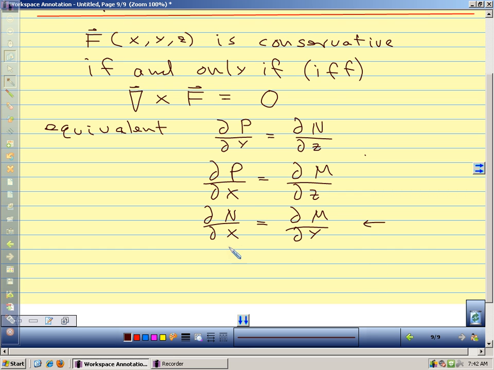This last one is the condition we had for a vector field in the plane. These other two come from our other two components. If we calculated out the curl, these are the partial derivatives that have to be equal to give us a curl of 0.